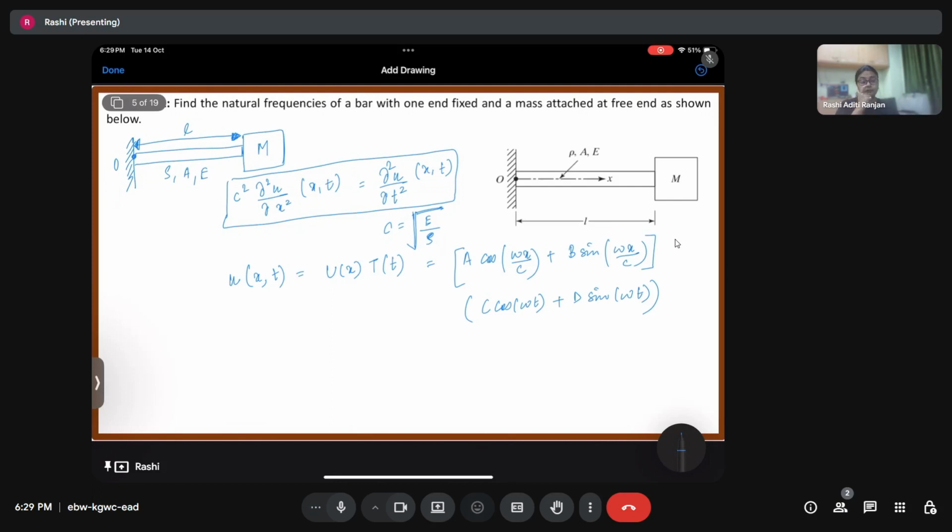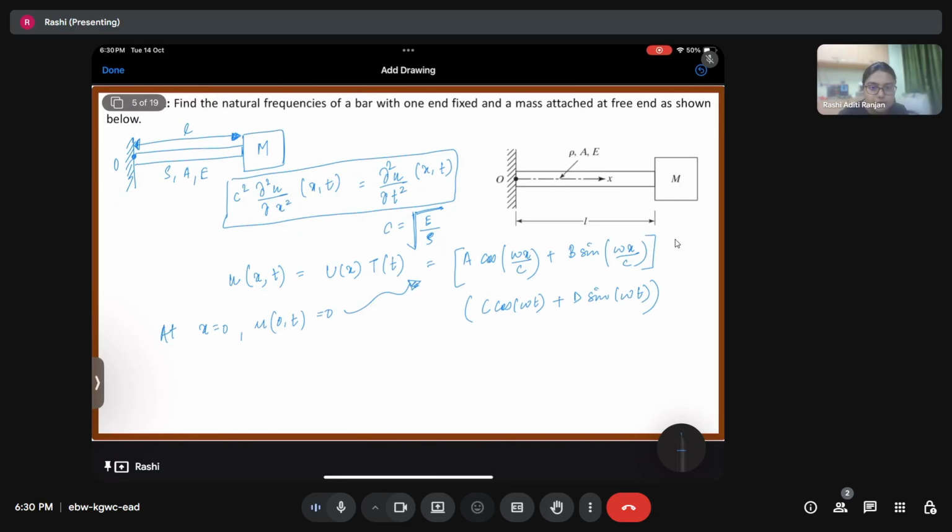Now, this is the expression. We have the boundary conditions, right? The boundary condition says that at the fixed end, the deflection is going to be 0, correct? Now, if u at 0 comma t is equal to 0, if we put it into this equation, what are we going to get?